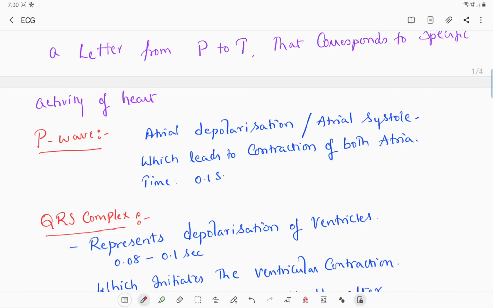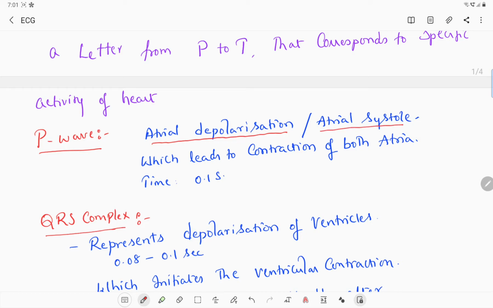What is meant by P wave? P wave is a positive wave. The P wave represents the atrial depolarization or atrial systole. That means it is the electrical excitation of the atria.